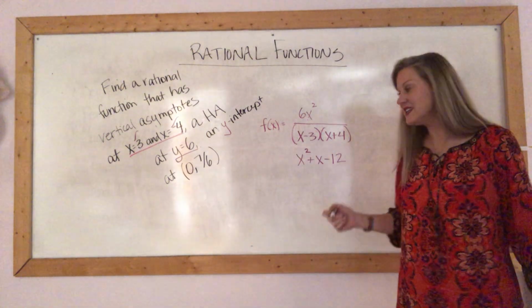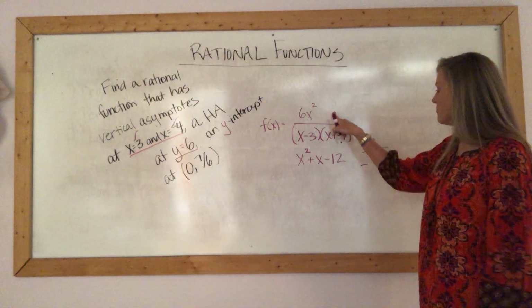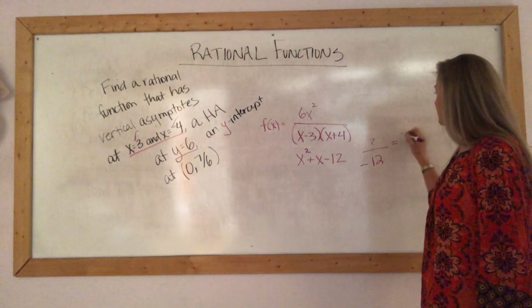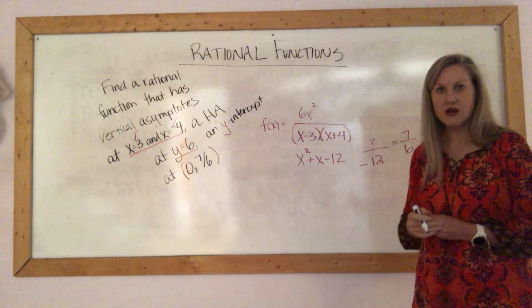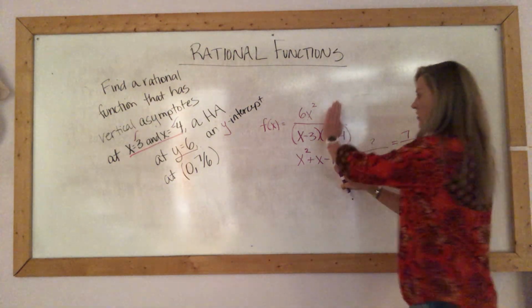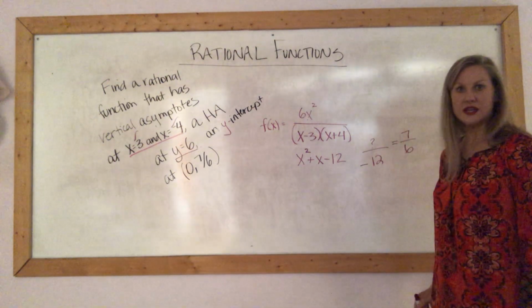So here's what I can do. I know I've got some value over -12 has to equal 7/6. Whatever this is, divided by that, when all the x's turn into 0, has to be 7/6.